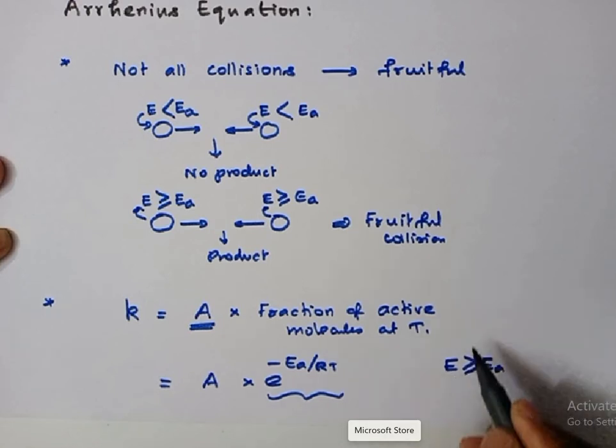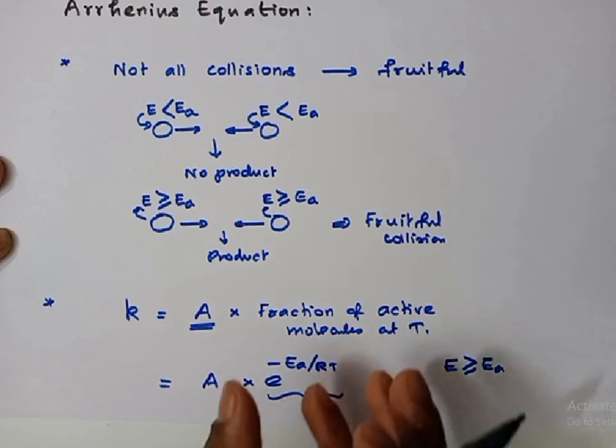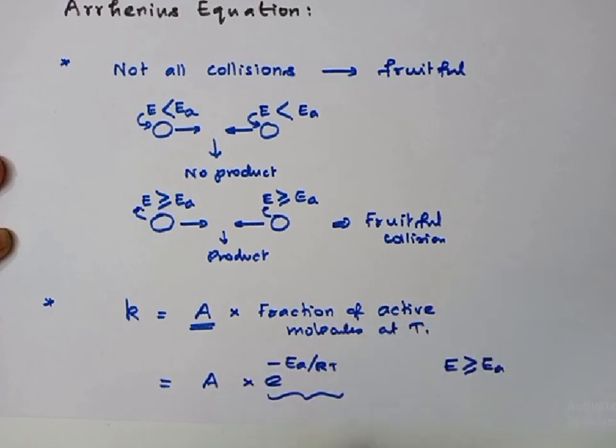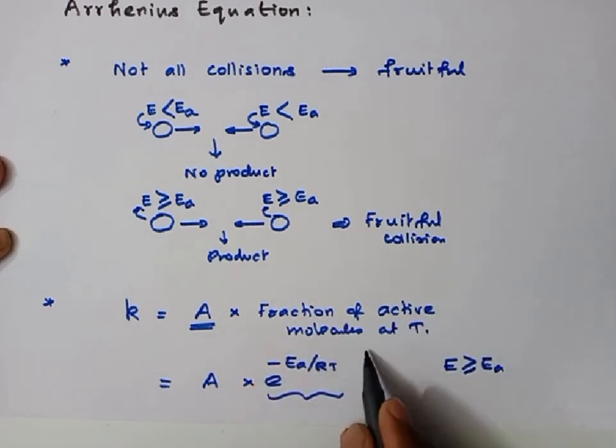If molecules have energy greater than or equal to Ea, those molecules are called active molecules. So at temperature T, the fraction of active molecules present in the system can be calculated using this expression, which we obtain through the Maxwell-Boltzmann distribution.